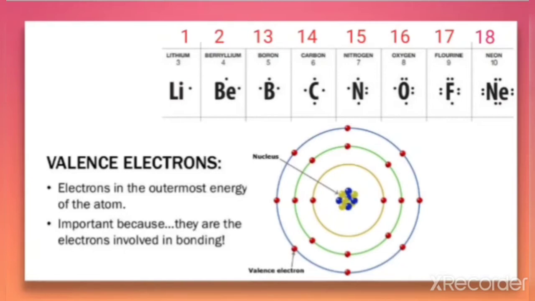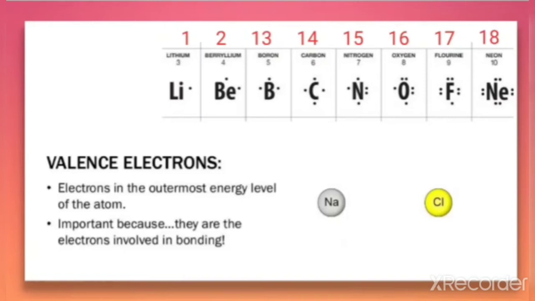So here I am taking two examples, sodium and chlorine. If you are familiar with the position of sodium and chlorine in the periodic table, you can easily tell the valence electrons present in these. So first of all, try with sodium. Sodium belongs to which group?